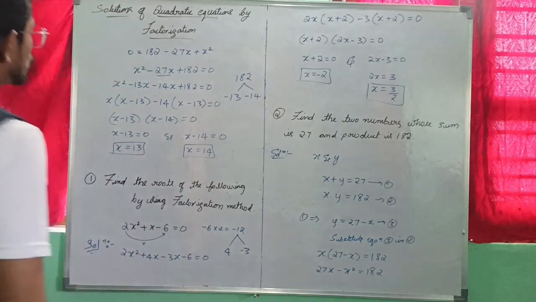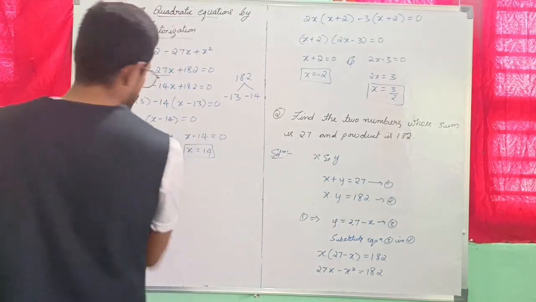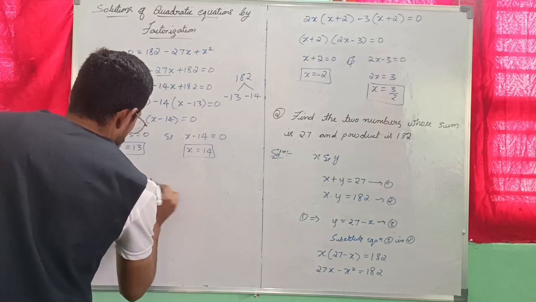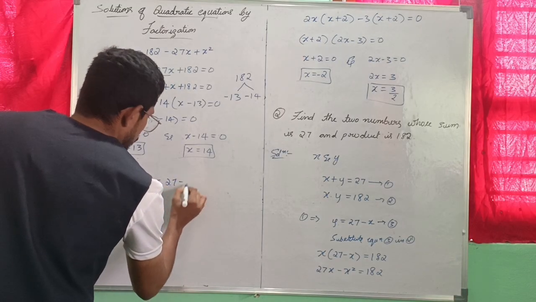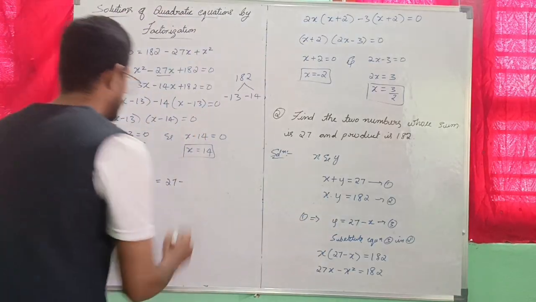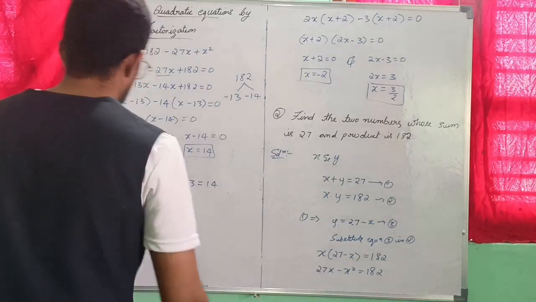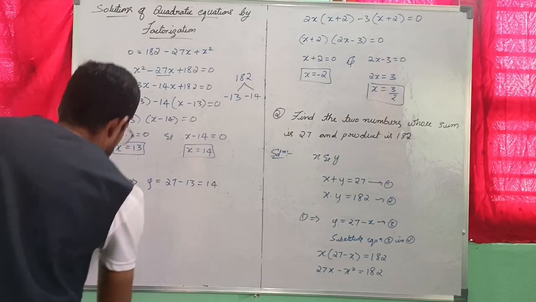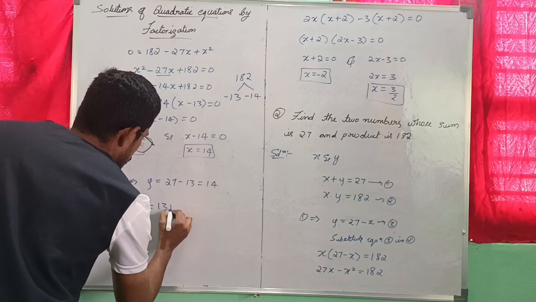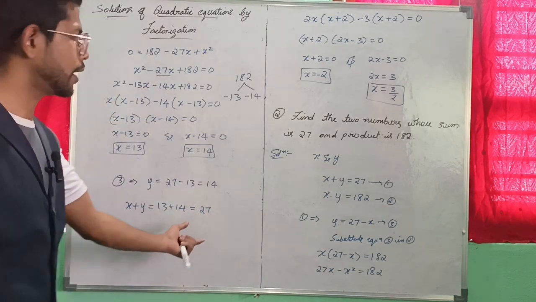So these are the roots of the second problem. Substitute this x in equation 3: y is equal to 27 minus x. If we substitute x as 13, we get 14 here. Then x plus y is equal to 13 plus 14, which is equal to 27, right?